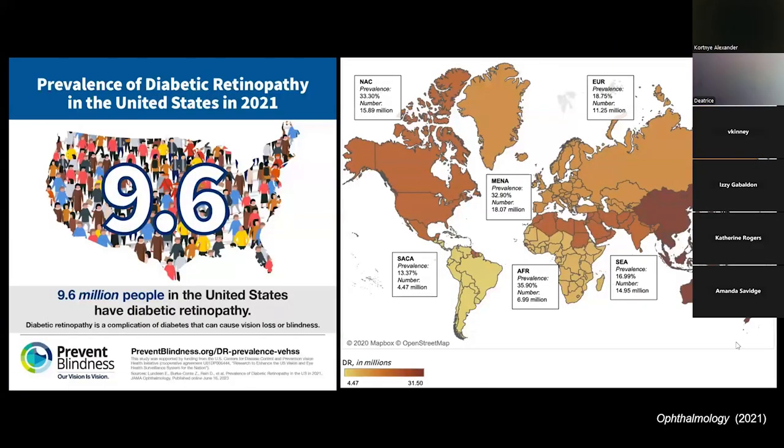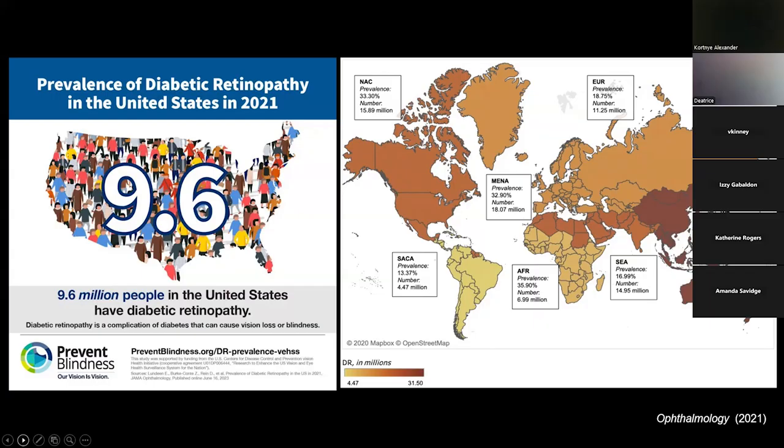Diabetic retinopathy is a significant burden, not only in the US, but also across the world. There's quite a few academic research studies that talk about the prevalence of diabetic retinopathy. For example, in this article published in JAMA, I believe they mentioned that back then in 2021, almost 9.6 million people in the US were diagnosed with diabetic retinopathy.